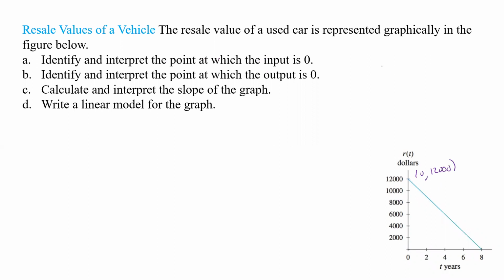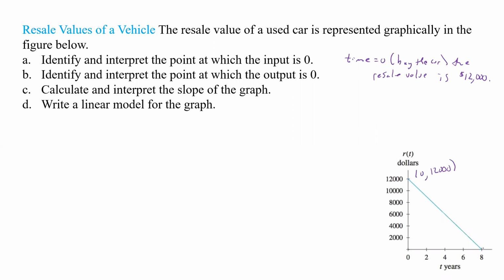Well, at time equals 0, when you buy the car, the resale value is $12,000. So that's the resale value when you buy that used car. Now, identify and interpret the point at which the output is 0.